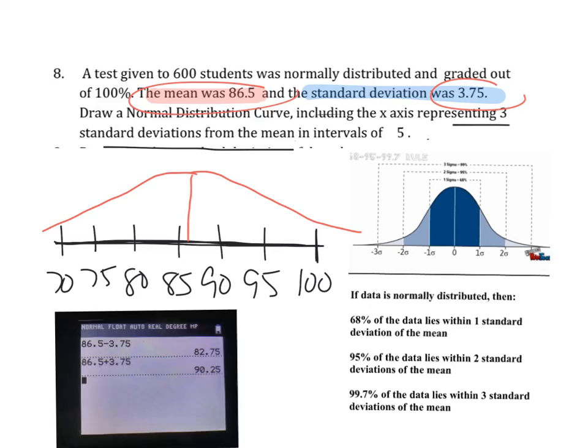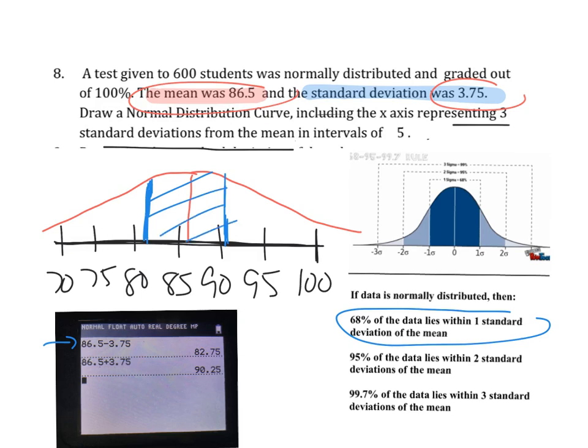So since we know that 68% of the data lies within 1 standard deviation of the mean, we'll take the 86.5 and subtract 3.75 and add 3.75. That's going to tell us that between 82.75 and 90.25 in this region, we know that 68% of the students scored between those two grades.